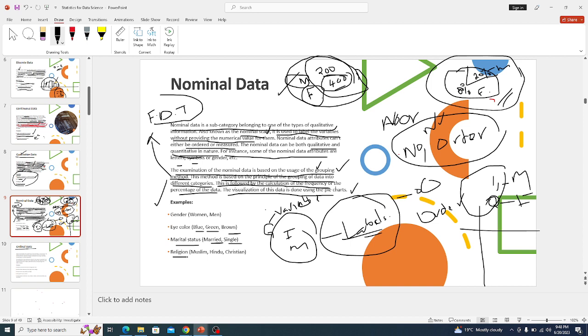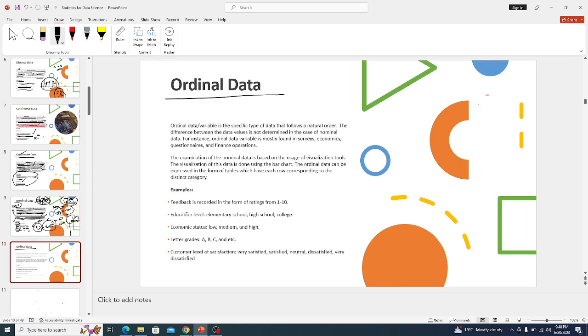And then we have religion, under which we have Muslim and so on. So these are nominal data. They don't have any order, and also their attributes cannot be measured.